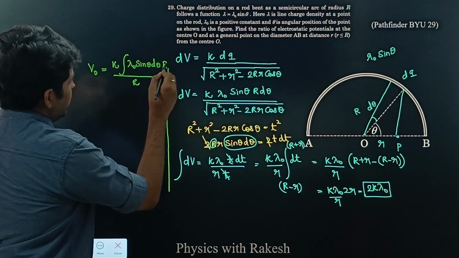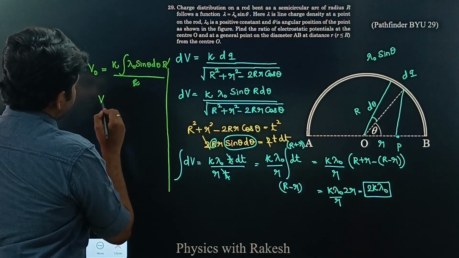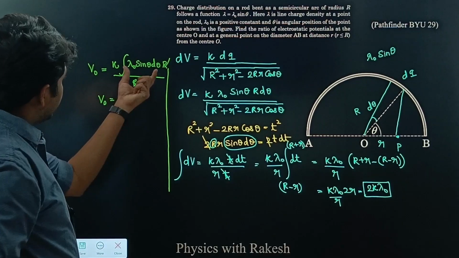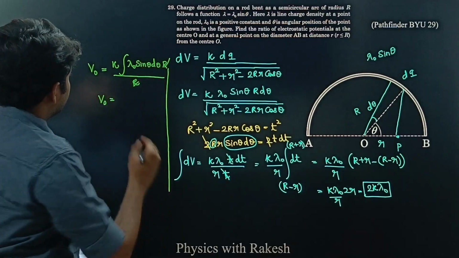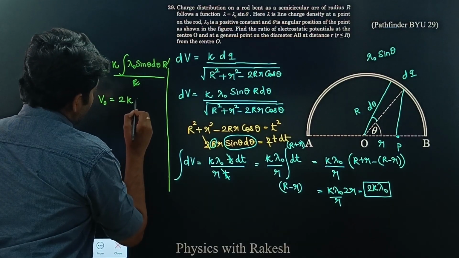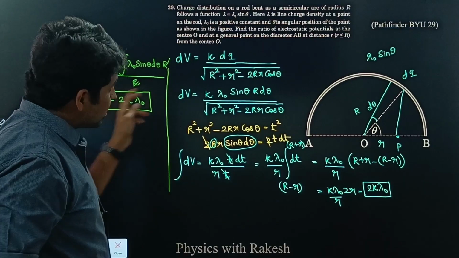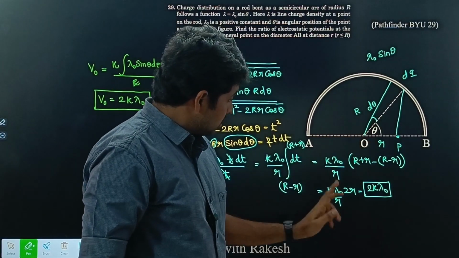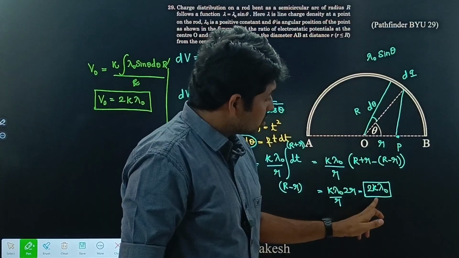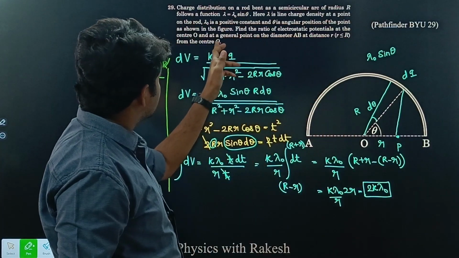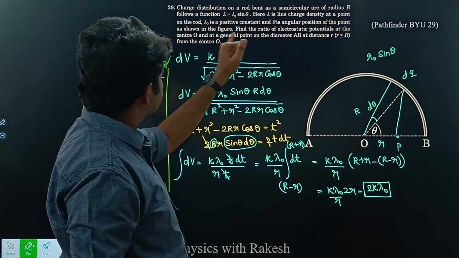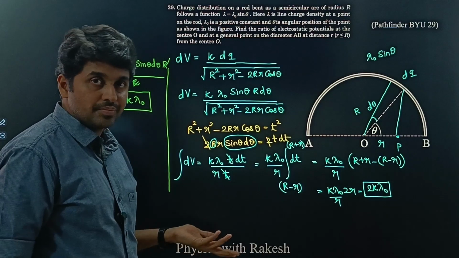I can cancel this r, and V at O comes out to be the integral of sine theta d theta from 0 to pi, which is 2, so this comes out to be 2k lambda naught. At O it is 2k lambda naught. At some general point here also it is 2k lambda naught. So what is the ratio? The ratio is 1.